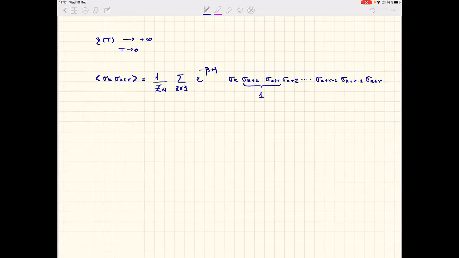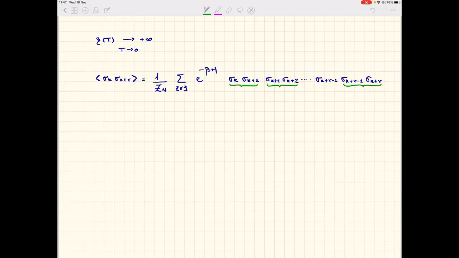All right, so now I have to compute this. And now I notice that once I rewrite things in this way, I have pairs of spins which are nearest neighbors, right? I have a product of pairs of nearest neighboring spins.